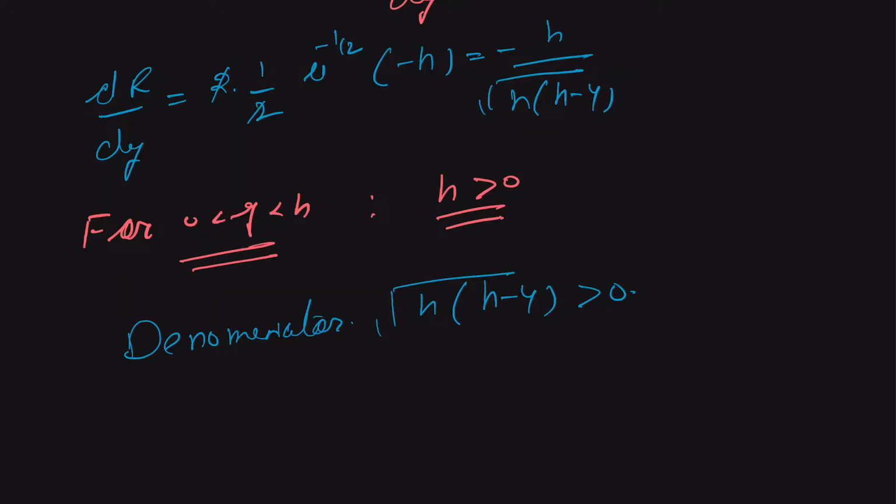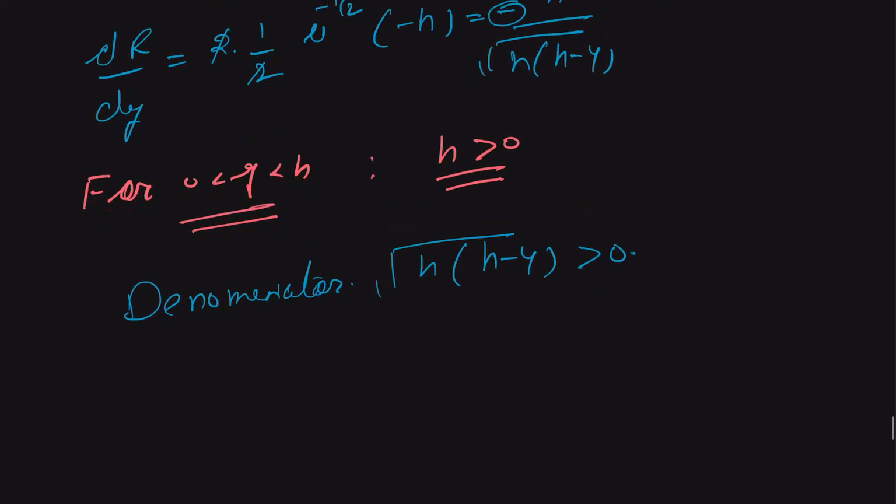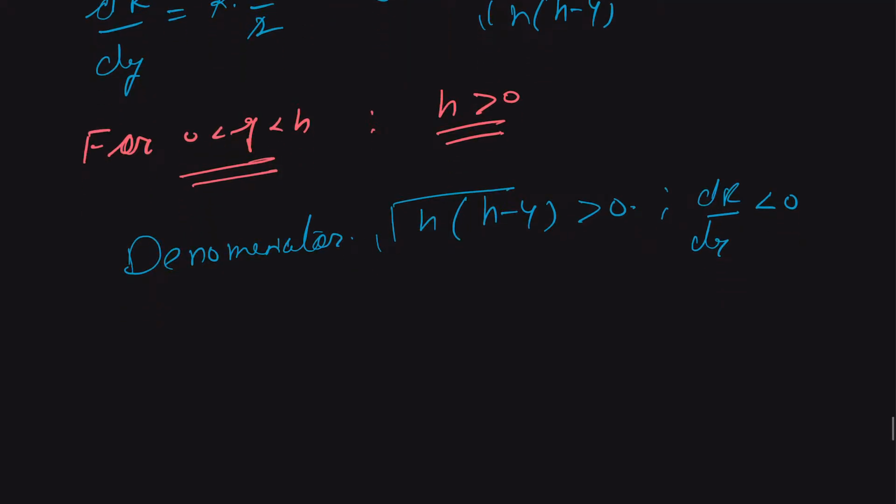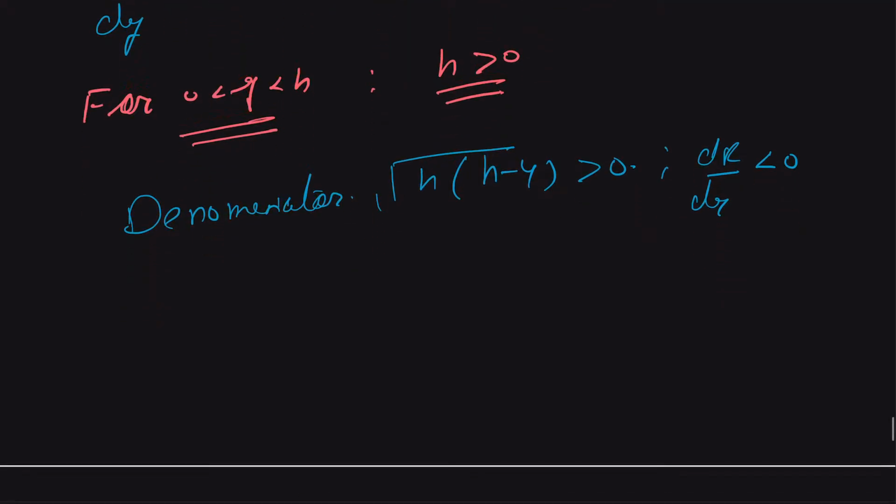Okay, because this dr by dy is a negative function. So if both are greater than 0, then only our dr by dy will be less than 0.